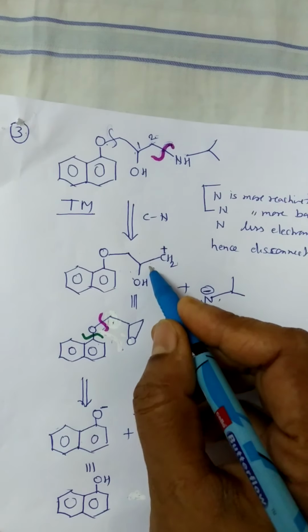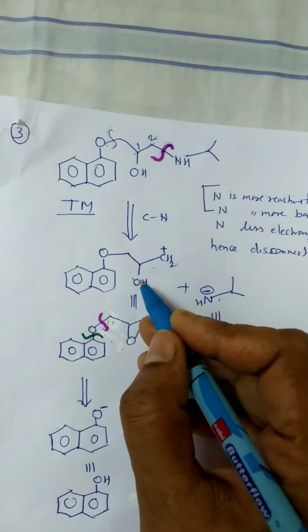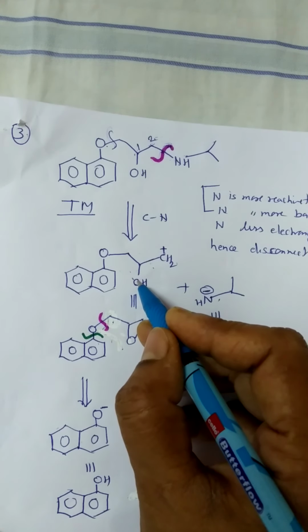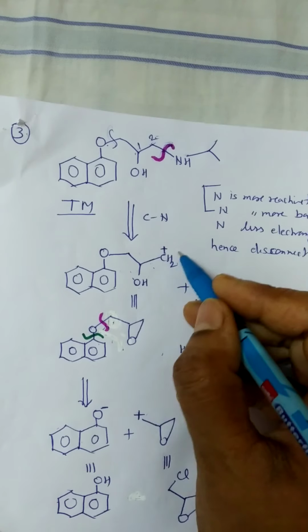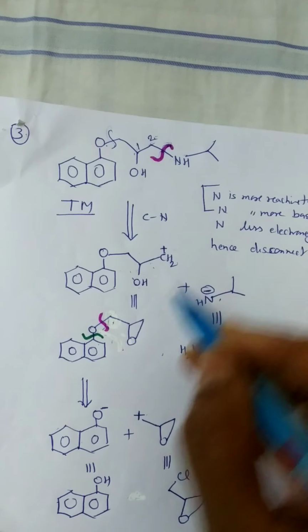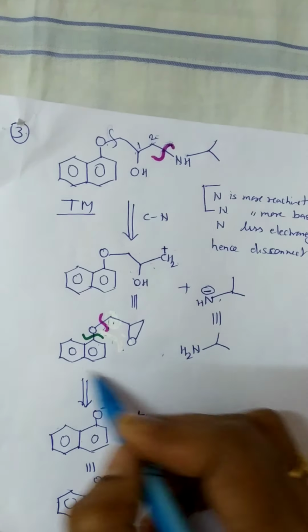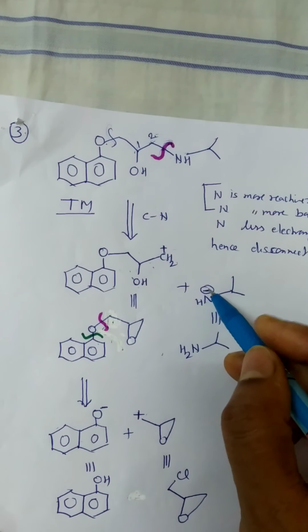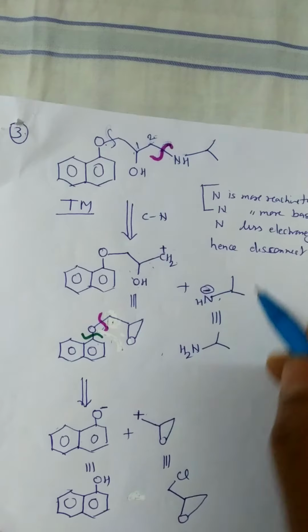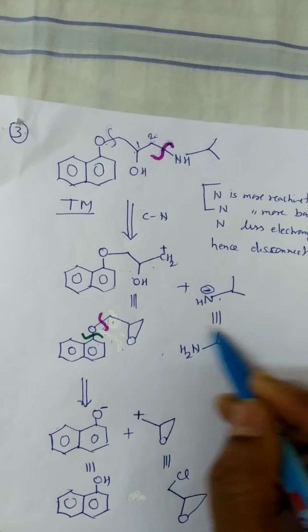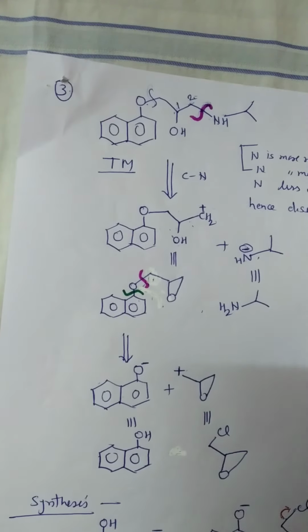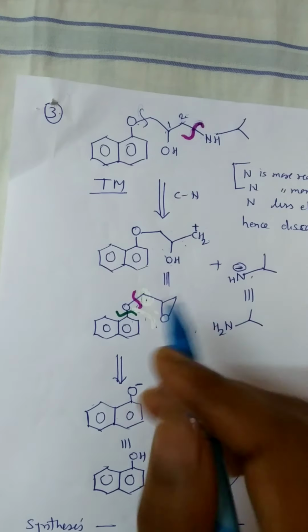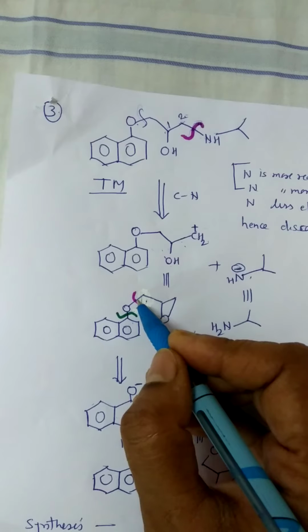This synthon, by removing one hydrogen as a proton, O becomes negatively charged, O minus, and CH2 plus joins together and forms this type of compound, and here NH minus adds one proton and we obtain this synthetic equivalent.